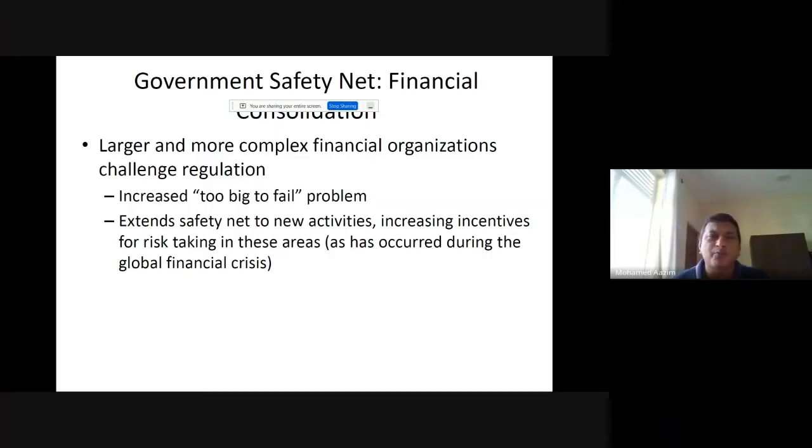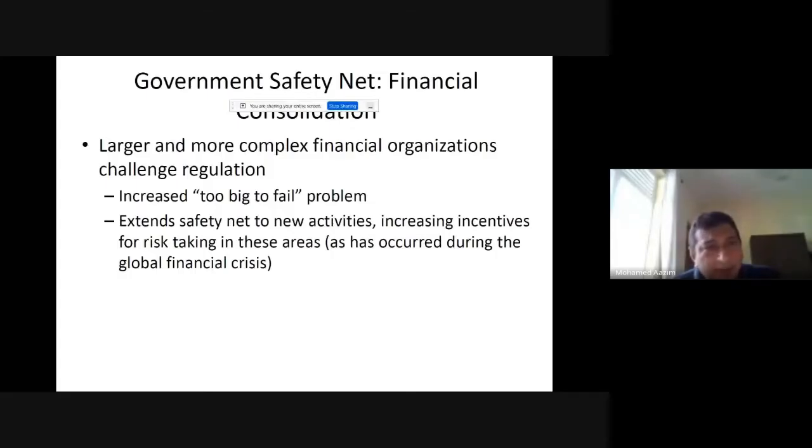They want smaller financial intermediaries, particularly not in the banking sector, but finance and other forms of activities, to be encouraged to consolidate.